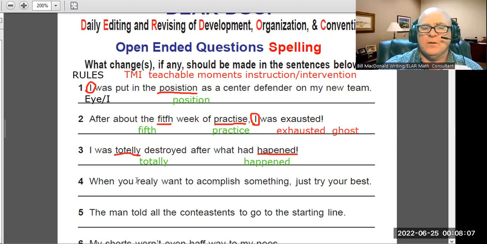Next one, capital. When you really look right. So let me select it. When you really want to accomplish something, I think that's another double consonant. Comma, just try your best, period.